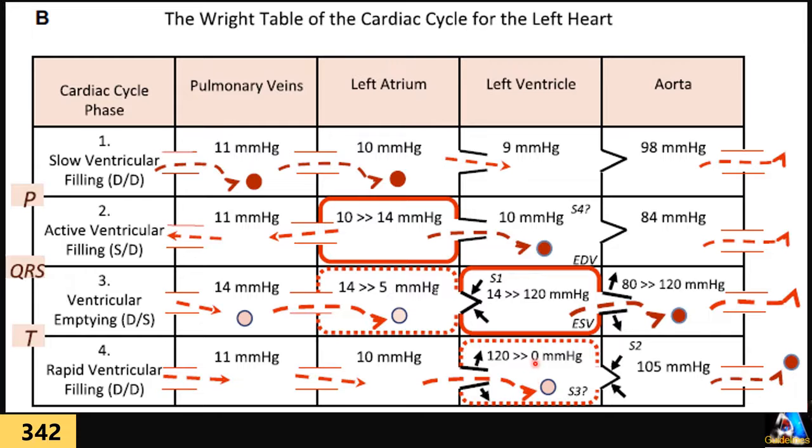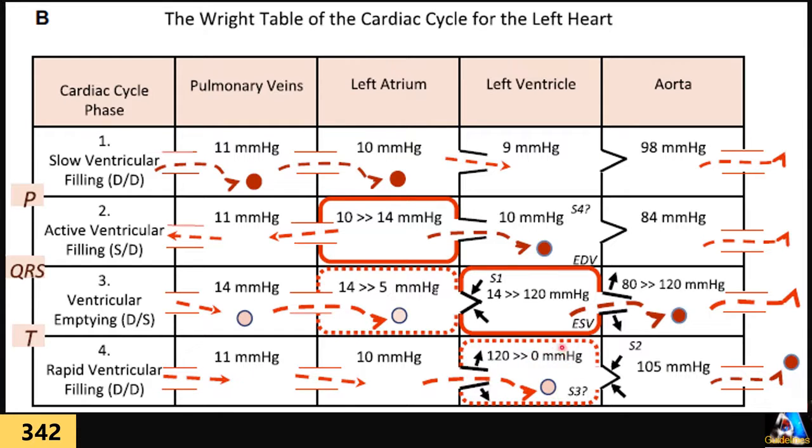It is almost zero, even going negative in the first few milliseconds, and blood rushes into the left ventricle with a very high pressure difference between the left atrium and left ventricle. That is the reason we call it rapid filling.